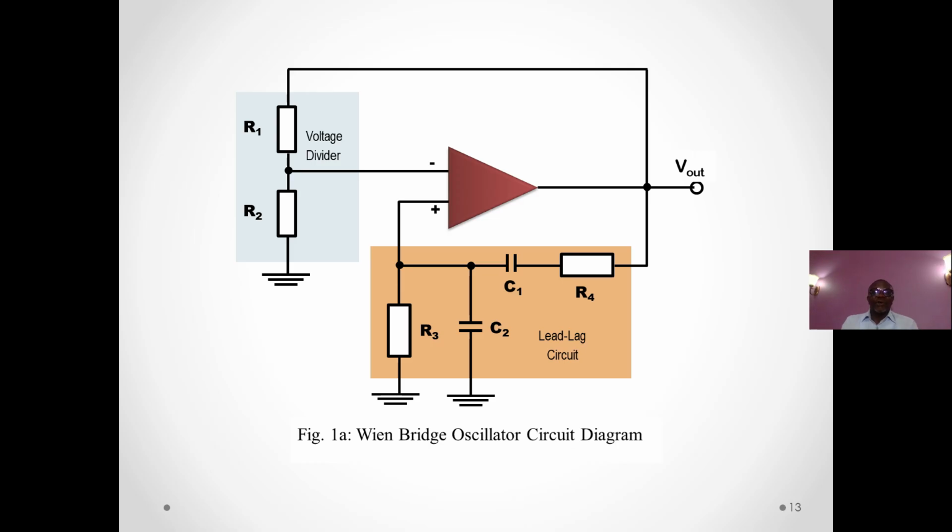But the resultant voltage that appears there is what is fed into the negative input, whereas another signal or output is fed back through the RC network, which is called the lead lag circuit.